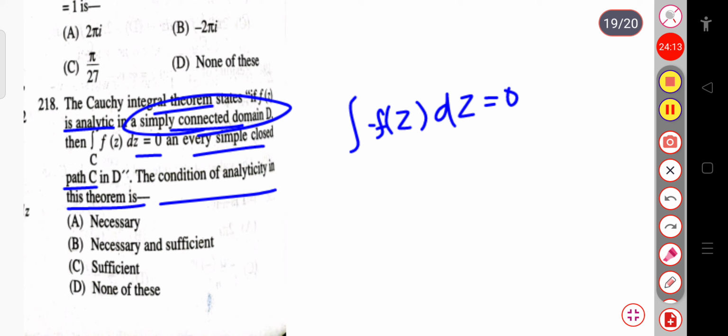The condition of analyticity is necessary as well as sufficient.